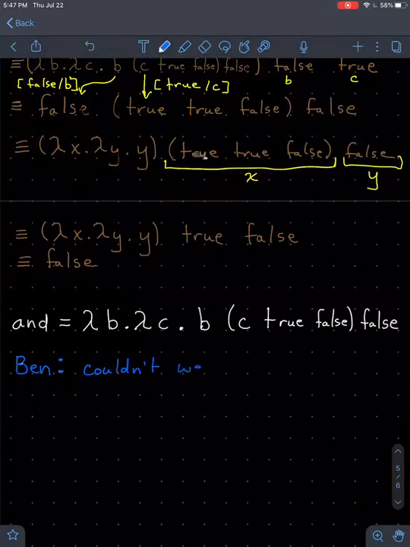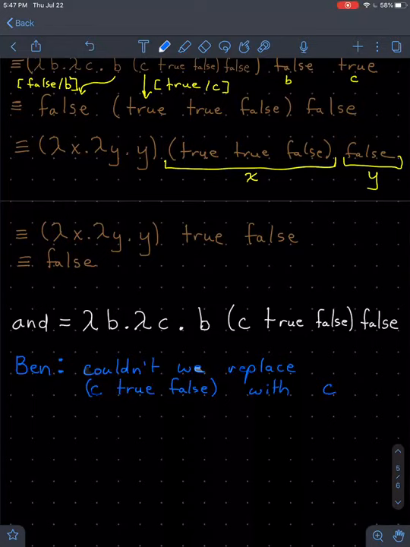Couldn't we replace C true false with C? What do we think?